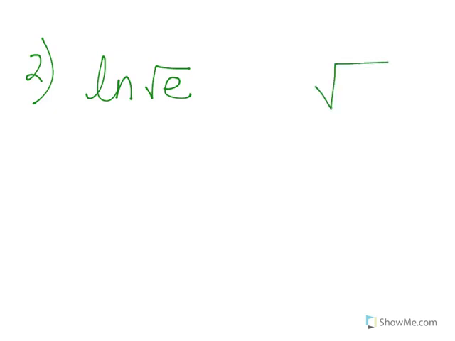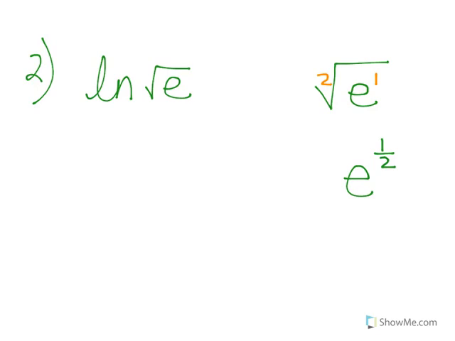Just as a side note, when we have something like the square root of e, we should recognize that, of course, that's e to the first power. And since this is a square root, we actually assume that the root is 2. And for the conversion, I always think inside over outside. So it's e to the 1 over 2 power. Inside over outside is how I think of it.